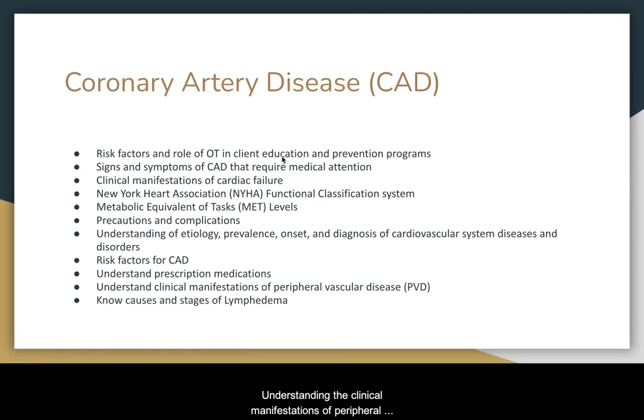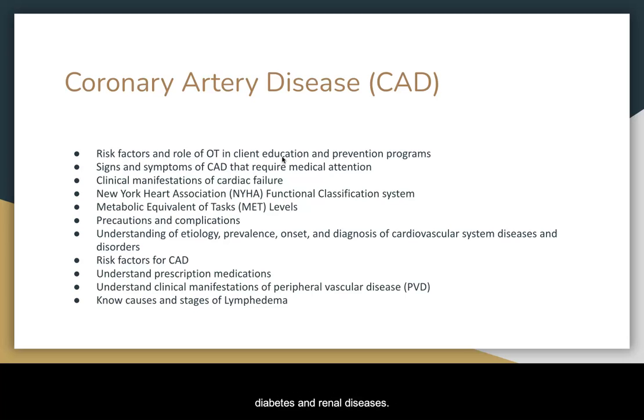Understanding the clinical manifestations of peripheral vascular disease, as we learned from our prosthetics lecture, that PVD often is directly another reason why clients have lower extremity amputation, because there is an occlusion of the peripheral arteries related to atherosclerosis.